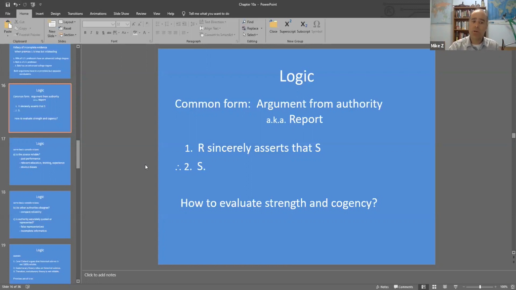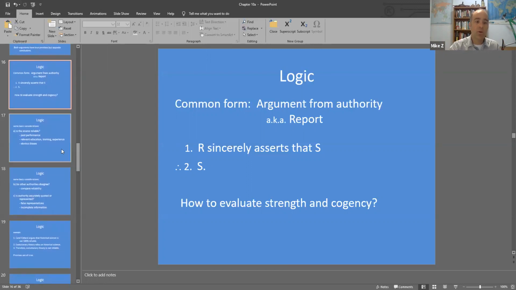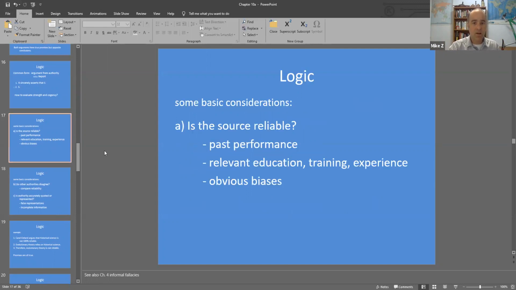So how do we go about assessing the strength and cogency of this relatively simple argument form when it's presented to us with actual content? Well, there are a few things we need to think about when assessing how strong this argument is. Obviously, is the source reliable? Is this a relevantly reliable authority on the topic that S is about?